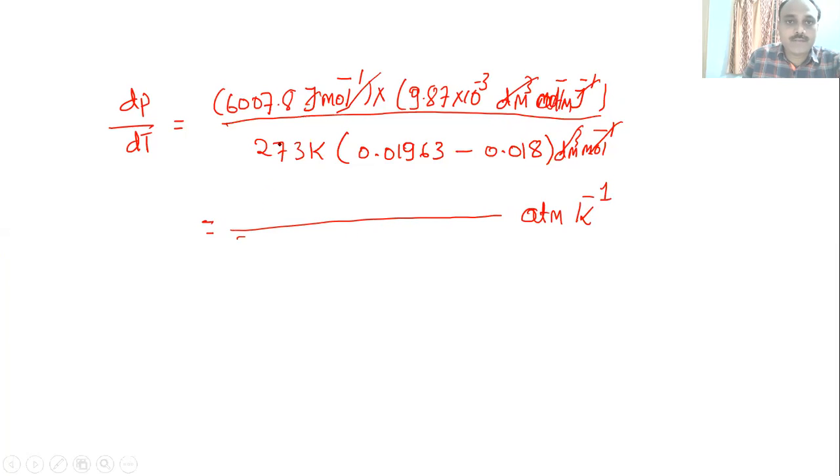So you multiply 6007.8 into 9.87 into 10 to the power of minus 3. That will give you 15.89, divided by 0.01963 minus 0.018, subtract these two and multiply by 273, gives you 0.44499, right?